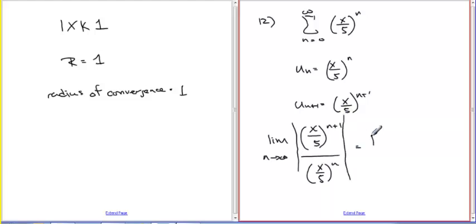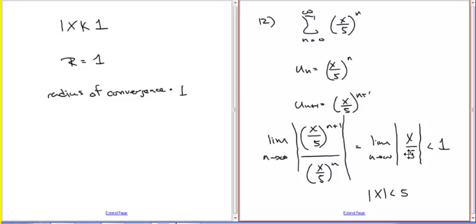So we have the limit as n goes to infinity of the absolute value of x divided by 5. And you see this n's not involved in here, so all we have to do is have x over 5 less than 1. So the absolute value of x has to be less than 5 because you multiply both sides by 5.